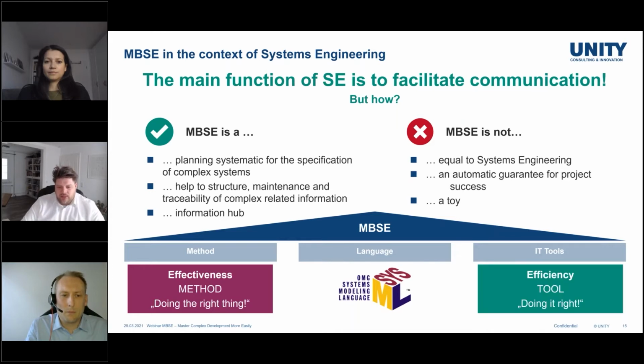So you're doing it right. The database aspect of MBSE doesn't make sense without a tool. But nevertheless, you should always talk about effectiveness first: what are you going to do and what is the right thing to do, and then you think about how you can make the process of doing the right thing very efficient.